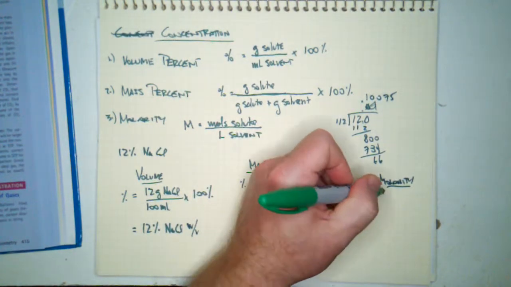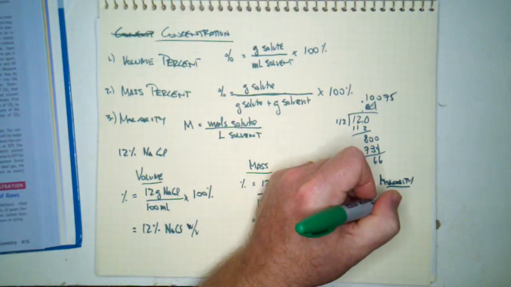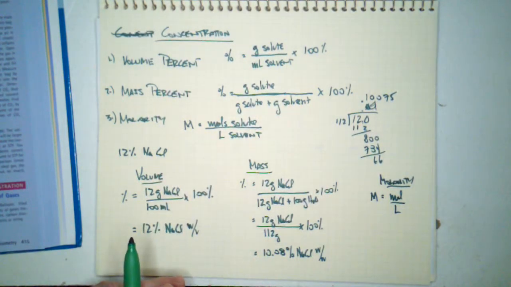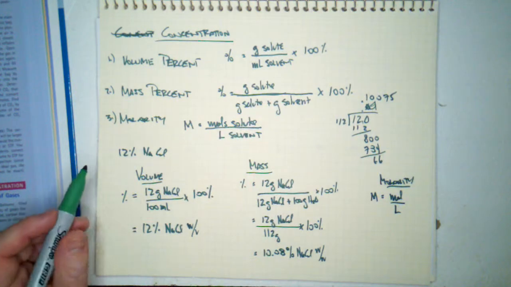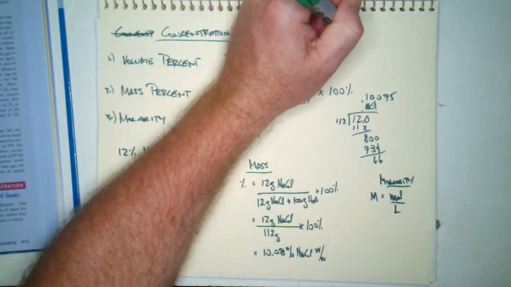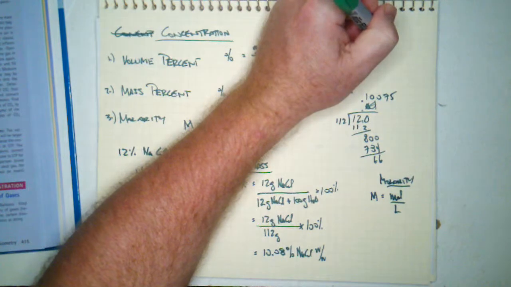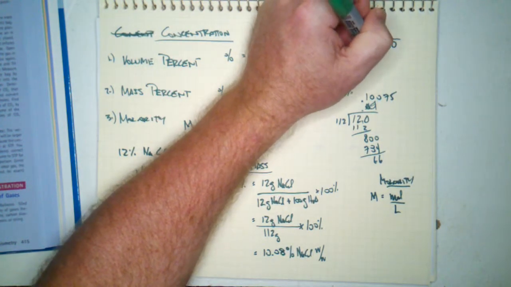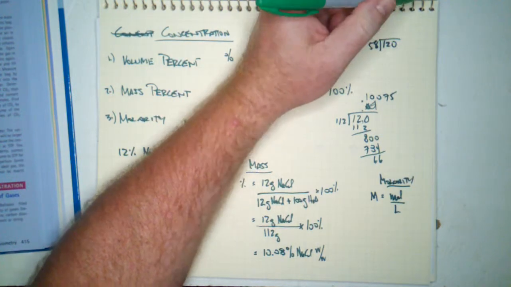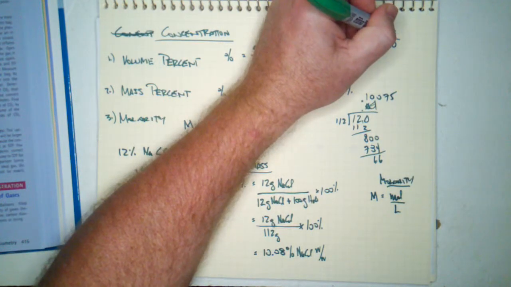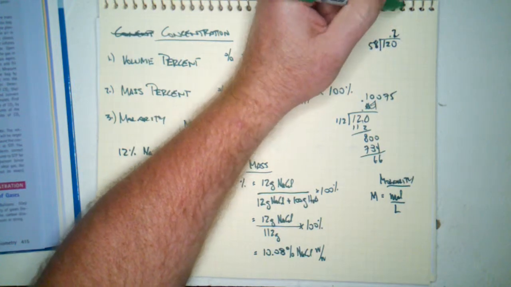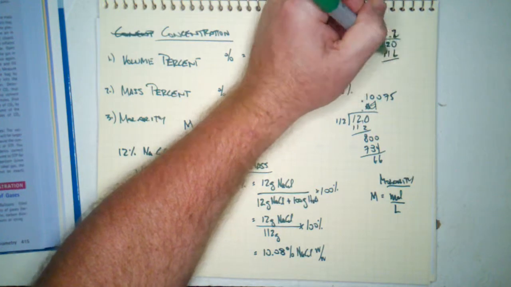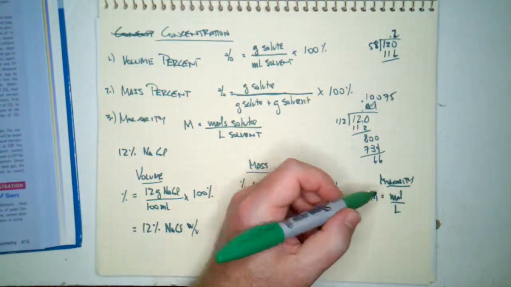The molarity of this solution equals moles divided by liters. So how many moles is 12 grams of sodium chloride? So that's 12 grams divided by 58. 58 goes into here twice. So that's 16, carry the 1, just about 0.2 moles.